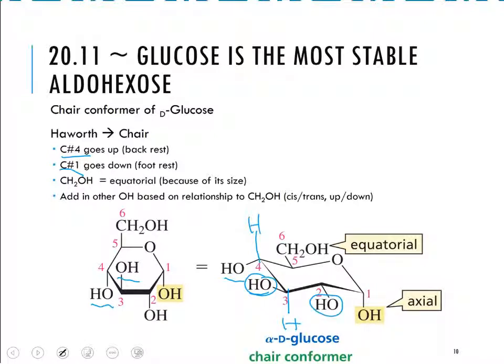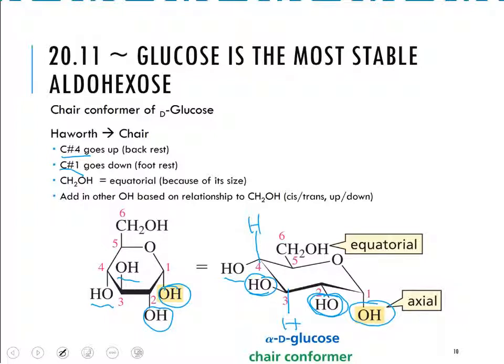And because this one is down, and this one is also down, carbons 1 and 2 are cis to each other, then our axial position for carbon number 1 is correct. So really you just have to go around the ring looking at each individual position.